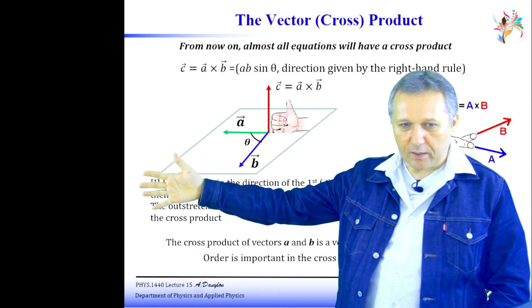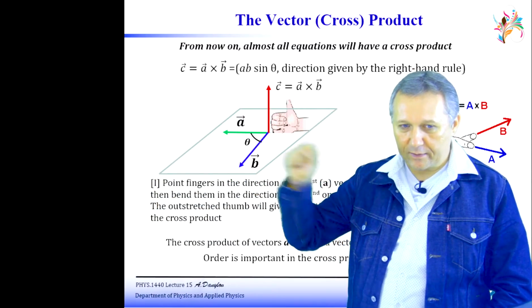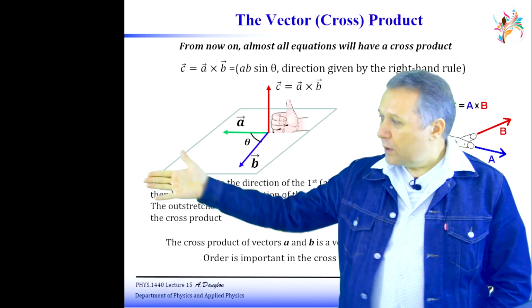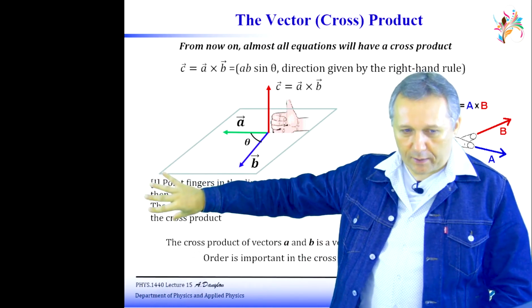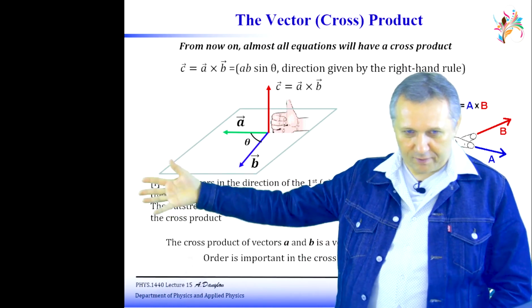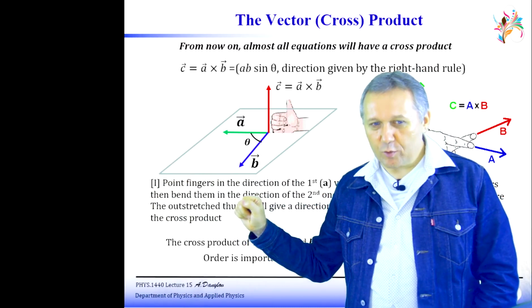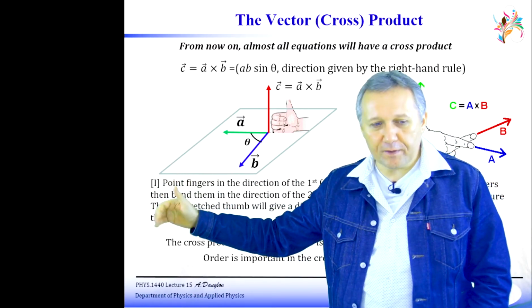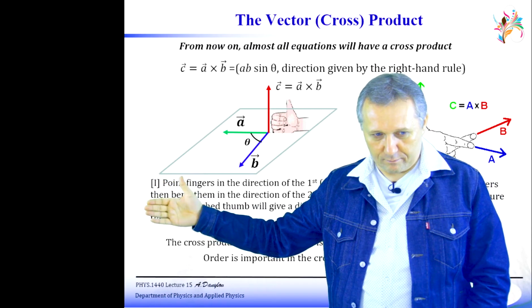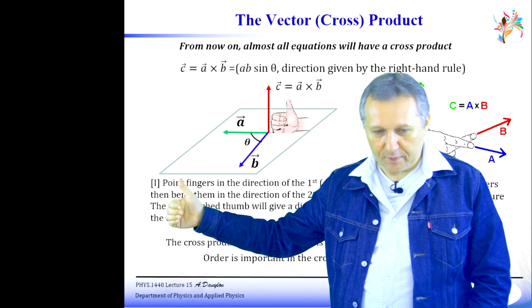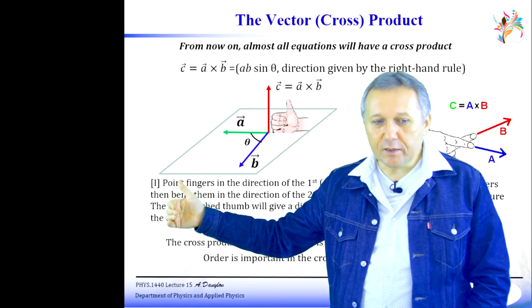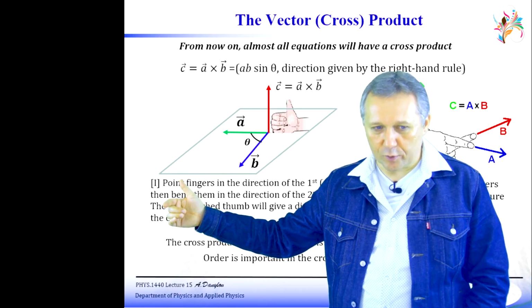You just fix this direction. Then, second step: you need to orient your hand in space in such a way that you can bend your fingers naturally in the direction of the second vector in the cross product.